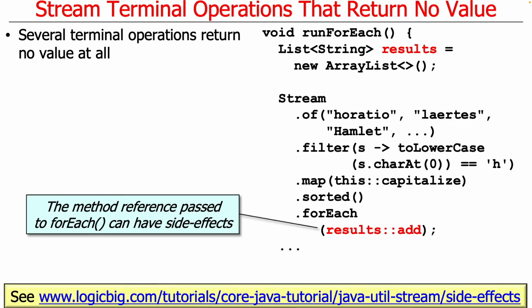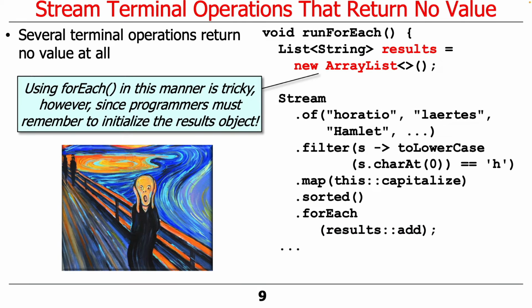In this particular example, we define a local variable called results, a list of strings, and we make it an array list. And then we pass in the add method reference on the results object. And that will have the side effect of adding each element that made it through this stream to that results list. I do not recommend you do this for several reasons.